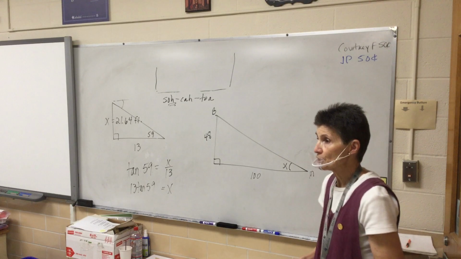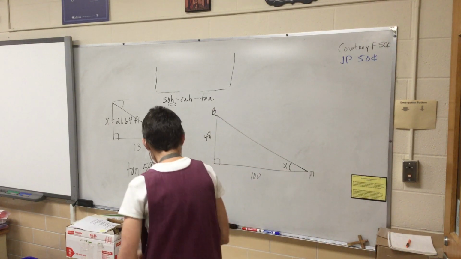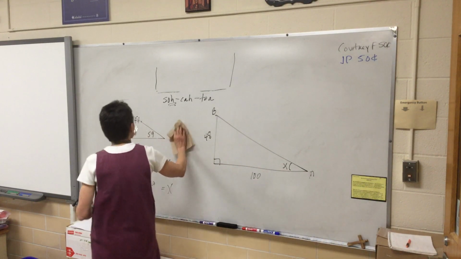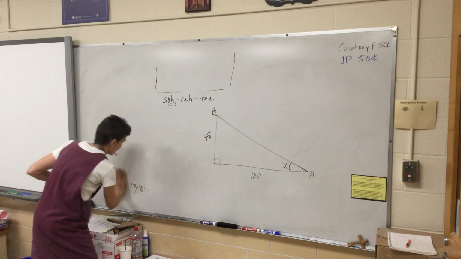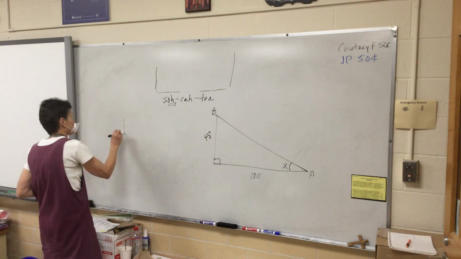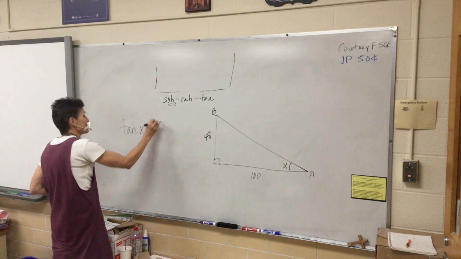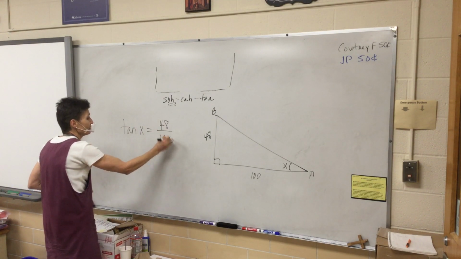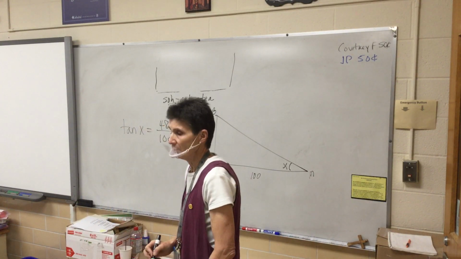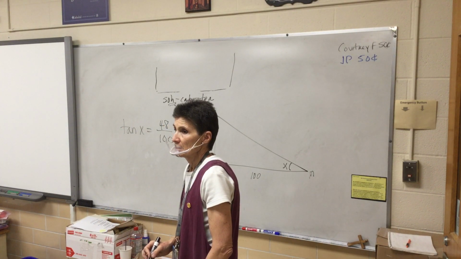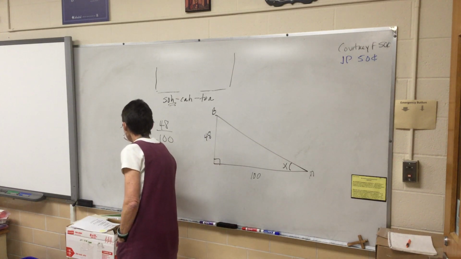Okay, I need an equation. Love it. Tan x equals 48 over 100. When I type this into my calculator, since the variable is an angle, I'm going to have to do second tangent.